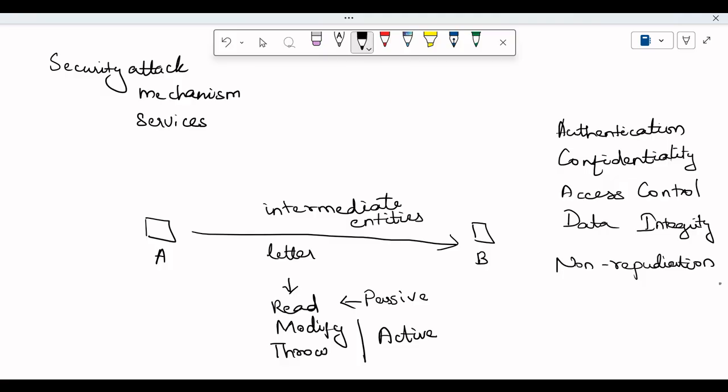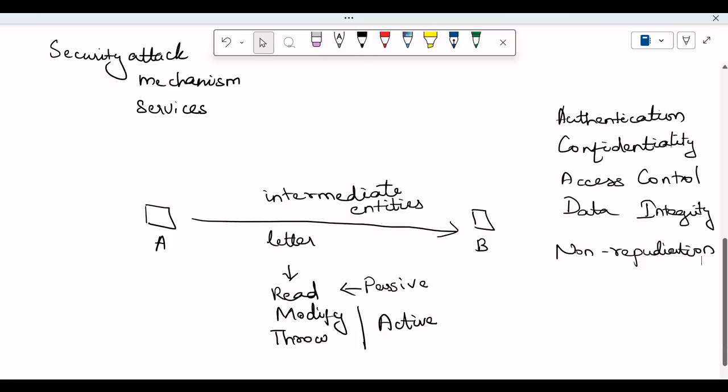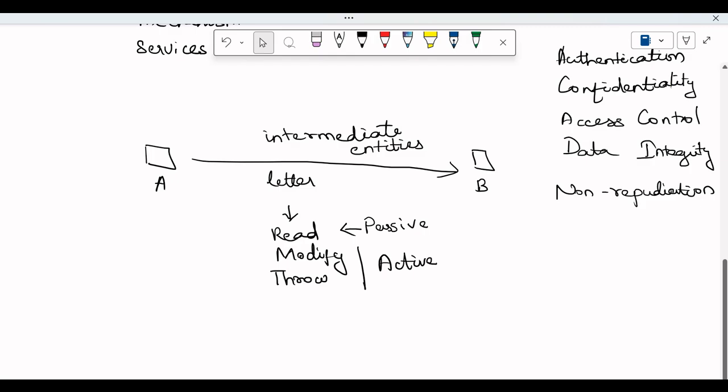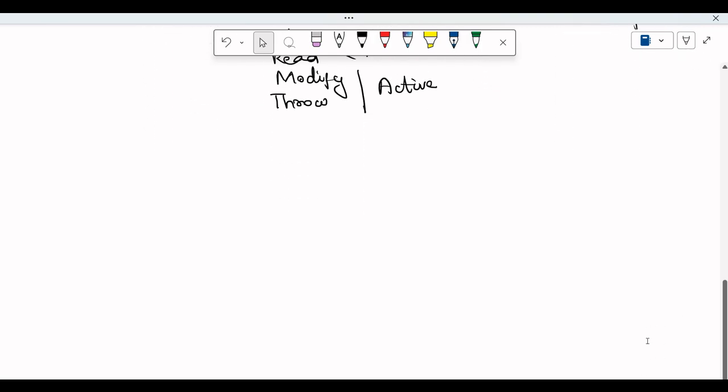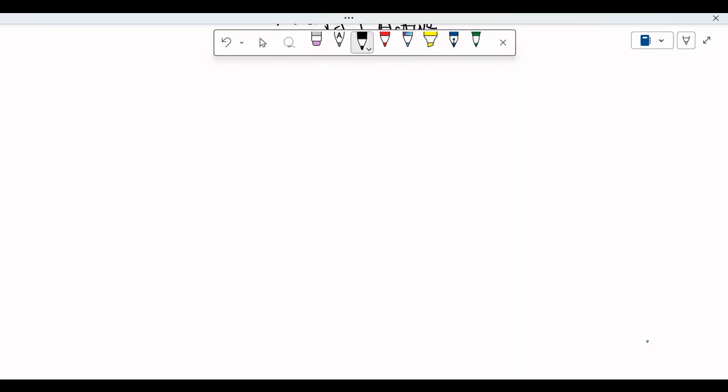And next comes the security mechanisms. These are the cryptographic techniques. How will the model look like? Here, this is the sender's message. If it is sent directly, then the above mentioned attacks are possible. So we have to overcome these attacks.